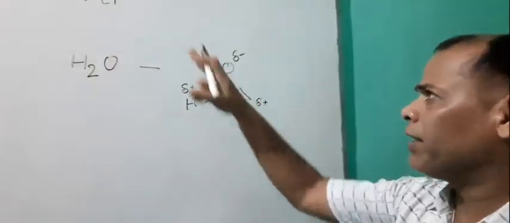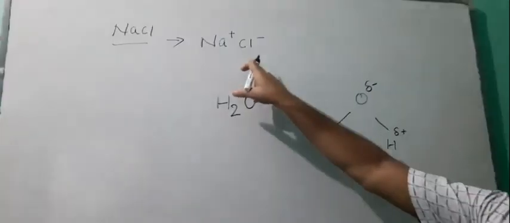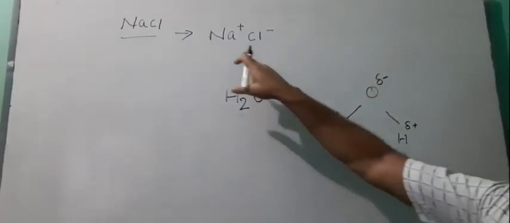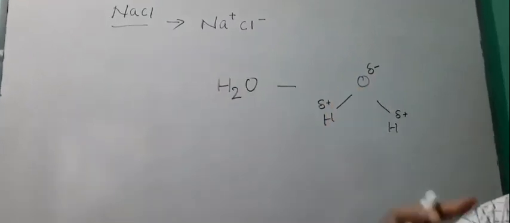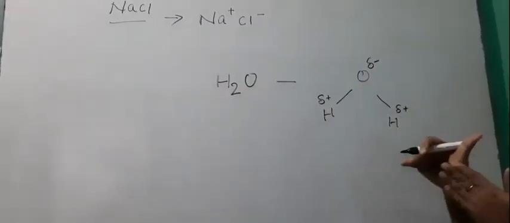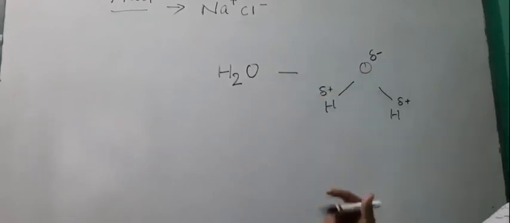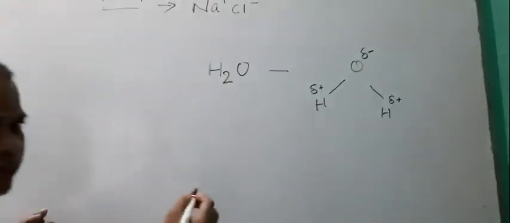Now, when you are dissolving NaCl in water, then what happens? An ionic interaction takes place.